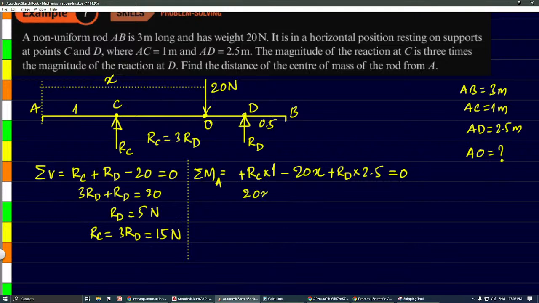So 20x, send this to the other side. Then RC value, RC is 15 into 1 plus RD value, that is 5 into 2.5. So X value, find it.